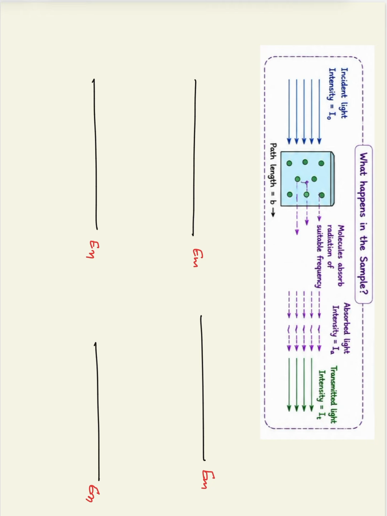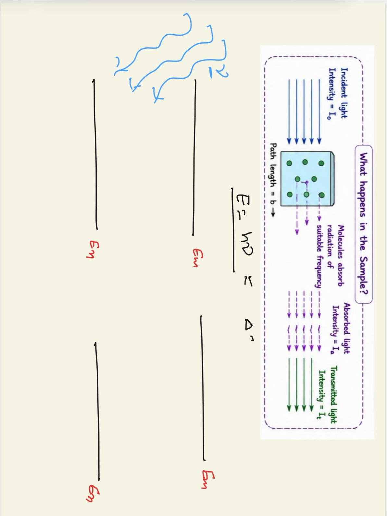When a photon of frequency nu falls on the molecules in the ground state, its energy E equals h nu. That energy is exactly equal to the energy difference delta E, which equals the excited state energy level minus the ground state energy level.